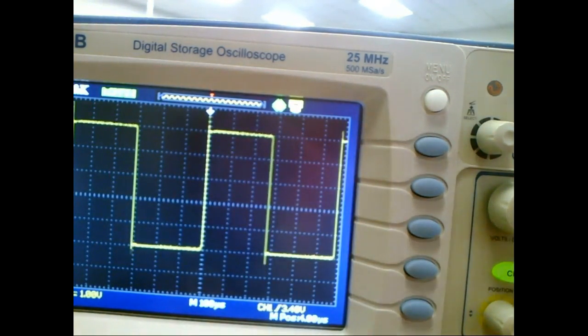What's really neat about this is the preferred method, and we'll talk later about power, to control DC motors with pulse width modulation.